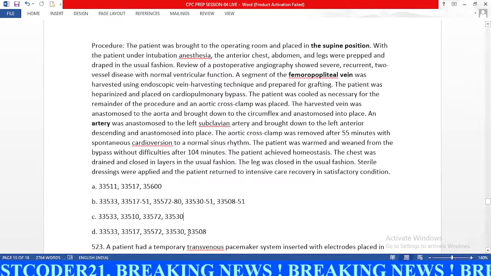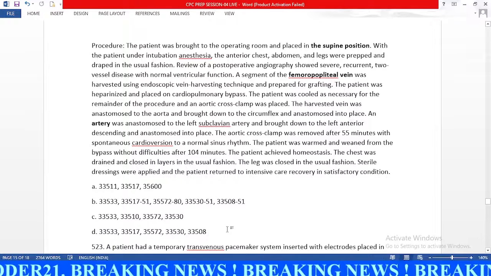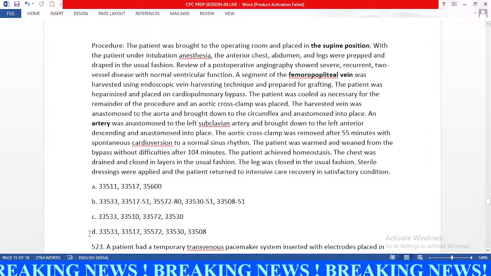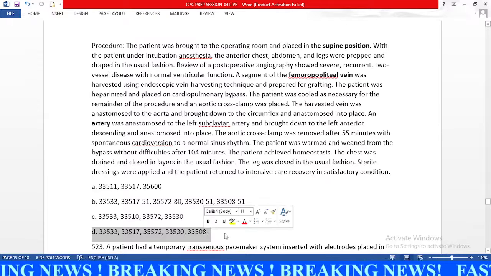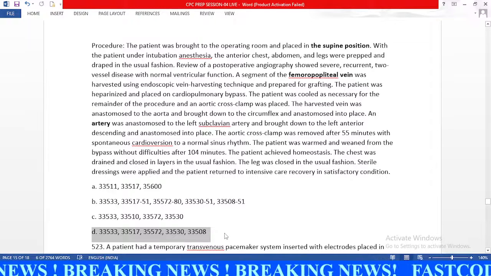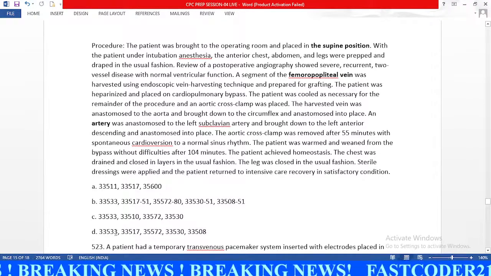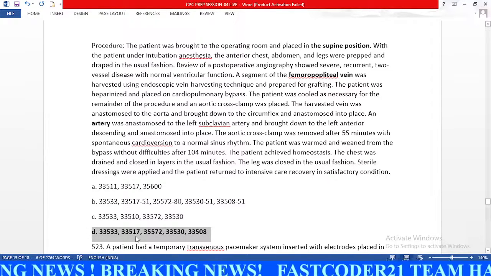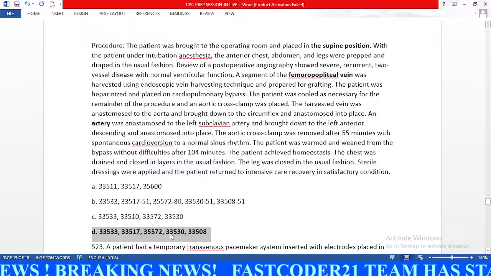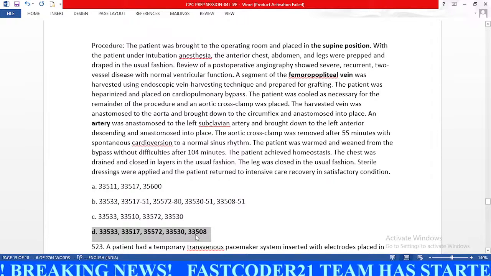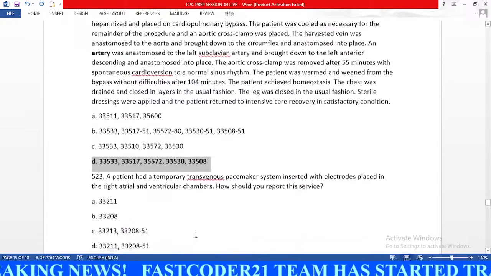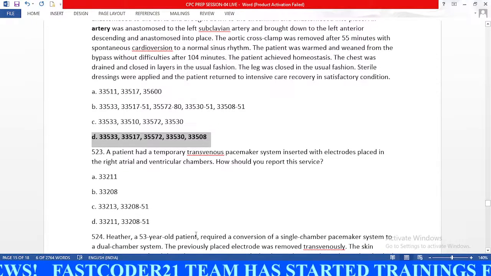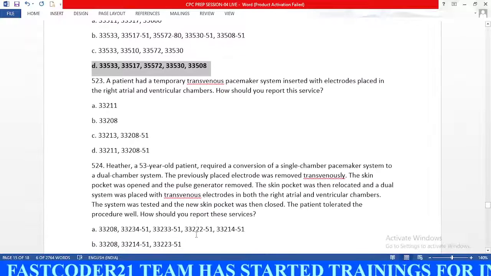Next one is using endoscopy. The physician uses endoscopy for vein harvesting, so we need to code the video endoscopy code also. So our answer is D: 33533, 33517, 35572, 33530, 33508. If you have any doubt, we can discuss after all questions.